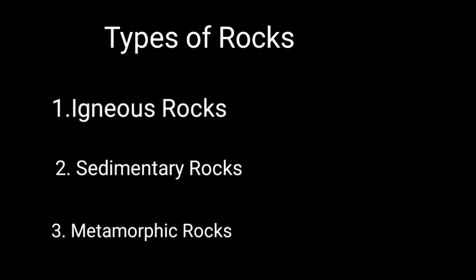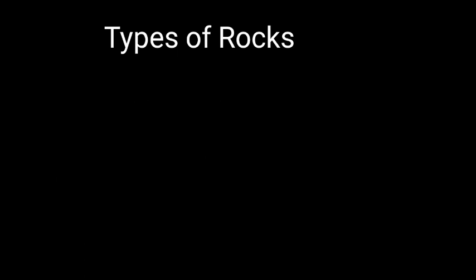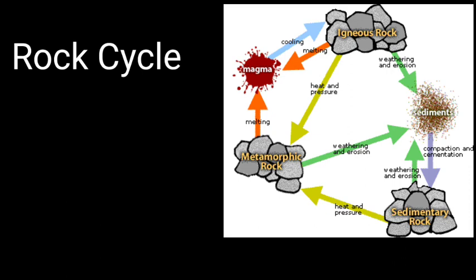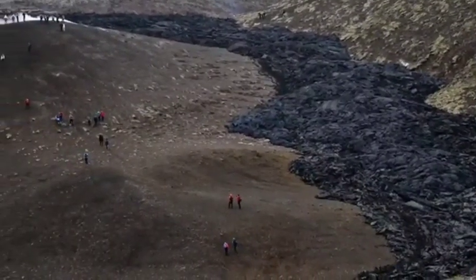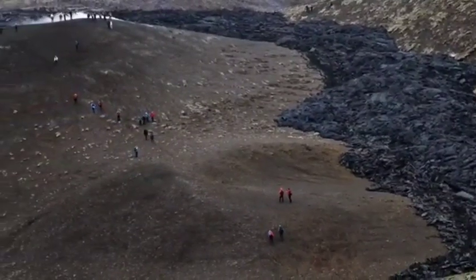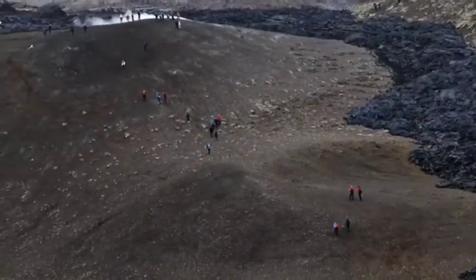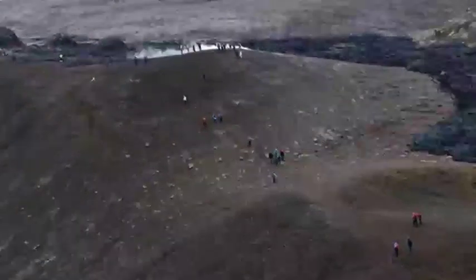Now all types of rocks are interlinked with each other. Rocks are transformed or changed due to denudation processes and crustal movement. All these processes lead to the change in the form of the rock and its category. Now you see a very hot and fluid material inside the earth, which is termed magma.